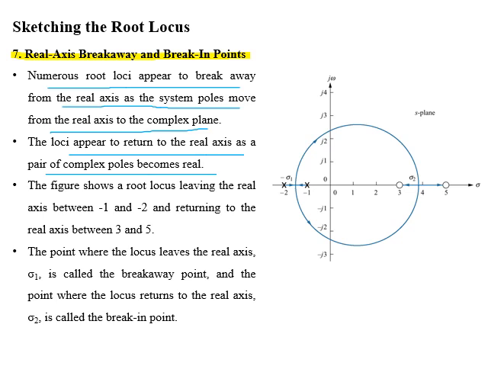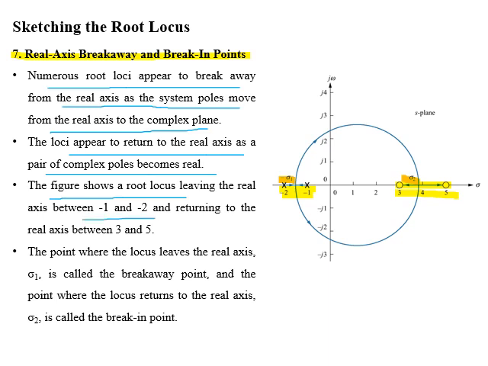If you look at the figure, in this we have two real poles and two real zeros. Poles are located at -1 and -2, whereas zeros are located at +3 and +5.